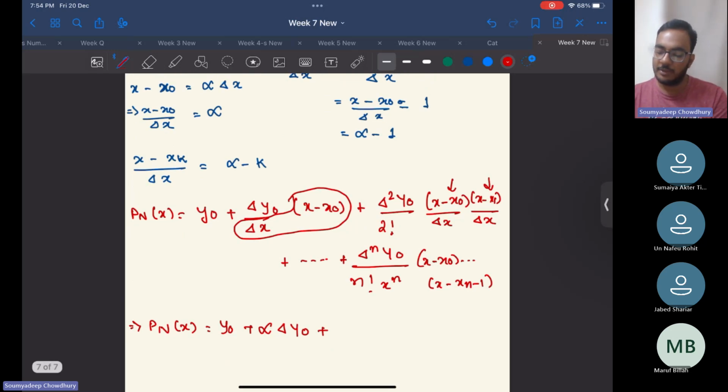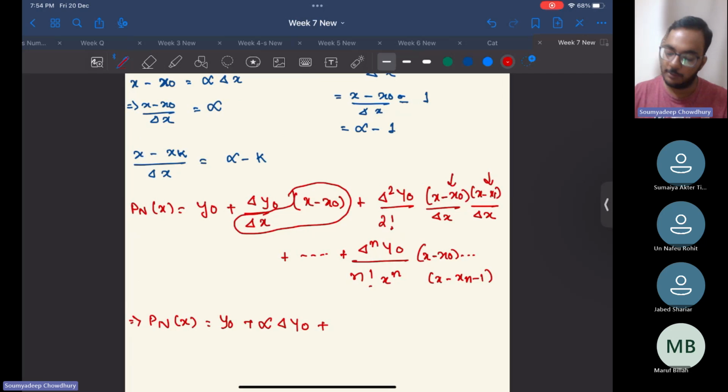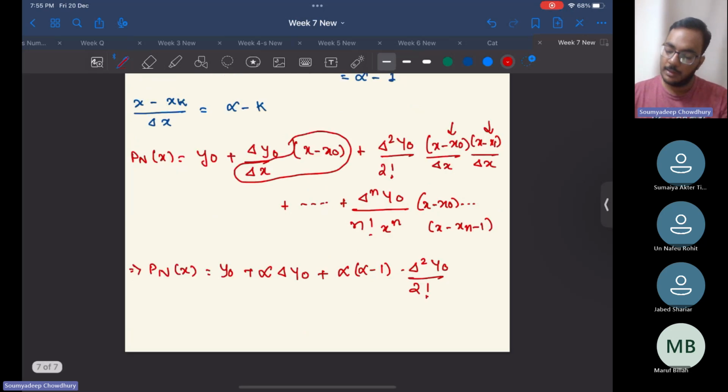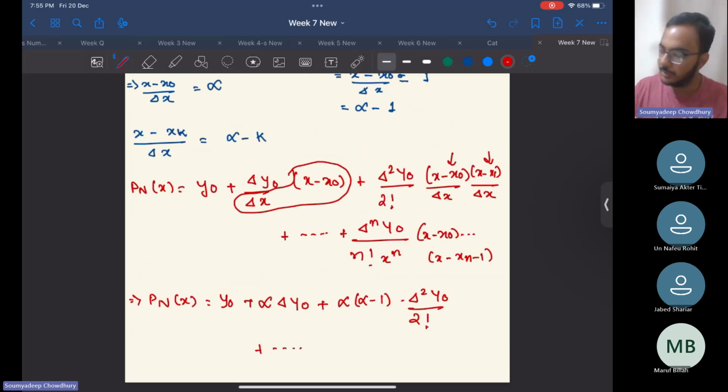Your x minus x naught by delta x is alpha, and x minus x1 by delta x is alpha minus 1, into del square y naught by 2 factorial. And if you do this up to the nth term, it is del power n y naught by n factorial, into alpha, alpha minus 1, dot dot dot, alpha minus n plus 1.